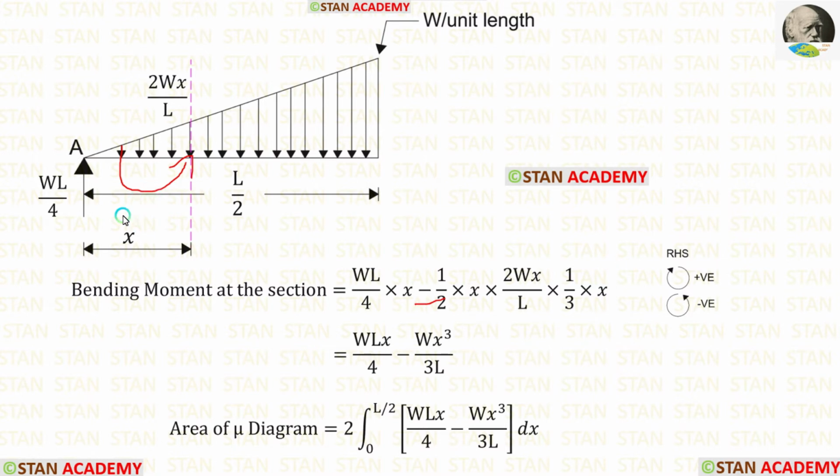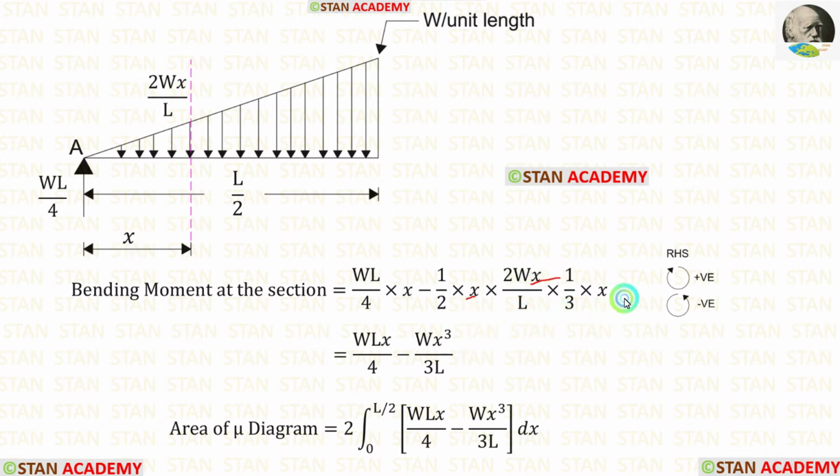For the triangular load, we have to multiply the area with the centroid distance. This is a triangle. The area formula for the triangle is half into breadth into height. Here the breadth is x, the height is 2wx upon L. Using the formula, we can find out the area. The centroid distance towards this height is 1 upon 3 into x.